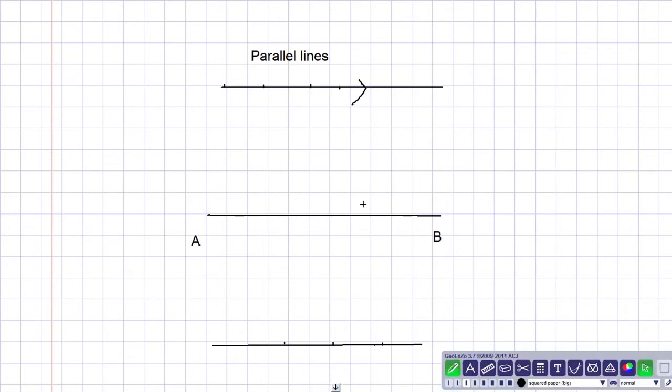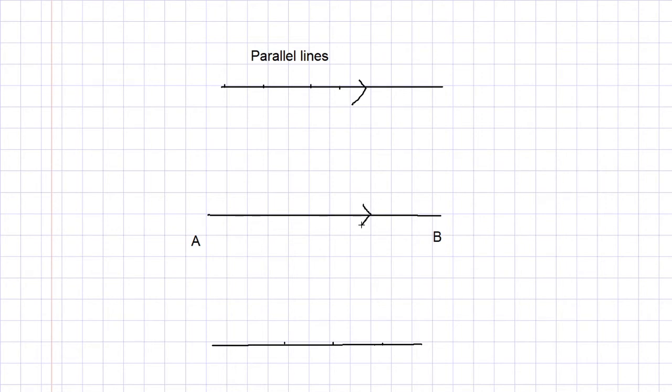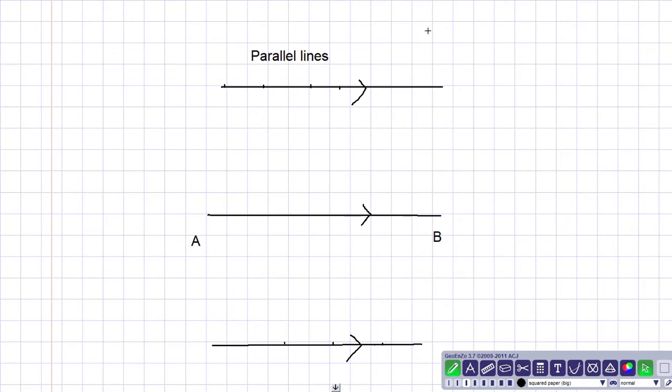These lines are parallel. Here there are two parallel lines on either side of straight line AB. That is the third basic locus of geometry. Now let's see the next one.